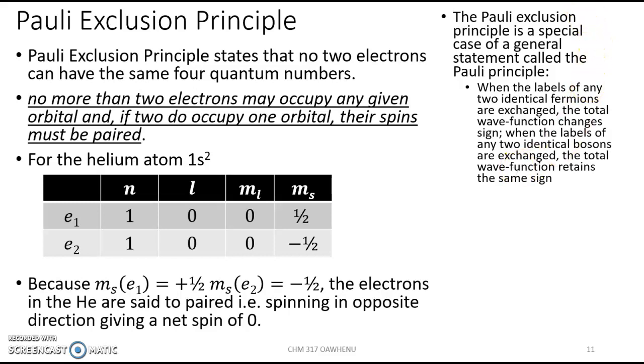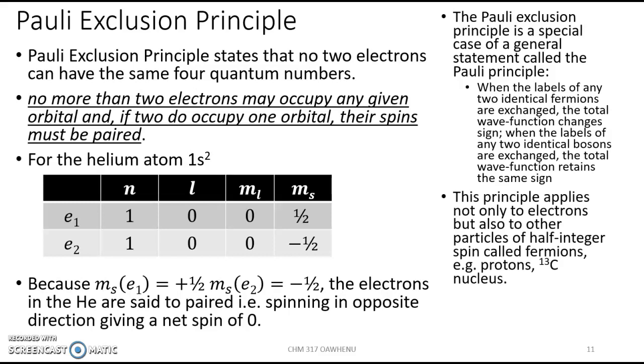The electron has half-integral spin, carbon-13 has half-integral spin, and there are some other particles with half-integral spin. Bosons, on the other hand, all have integral spins. So this exclusion principle applies to fermions.